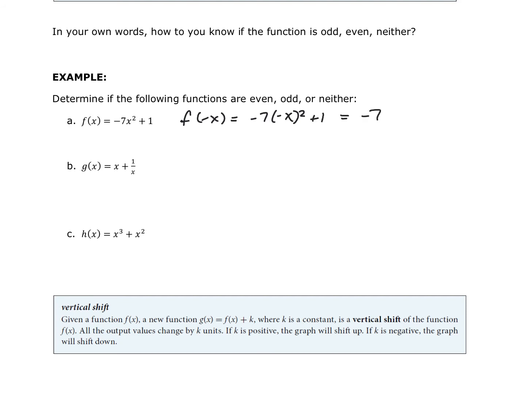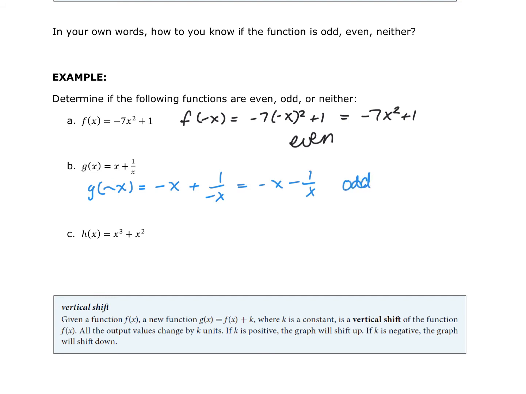And I get negative 7, well, a negative x squared is just x squared, plus 1. So this is even. If I take a look at my second example here, again, I'm going to put in a negative x. So g of negative x is equal to negative x plus 1 over negative x. So we get negative x minus 1 over x, and we can see that every single term changed sign. So we say that this is odd.